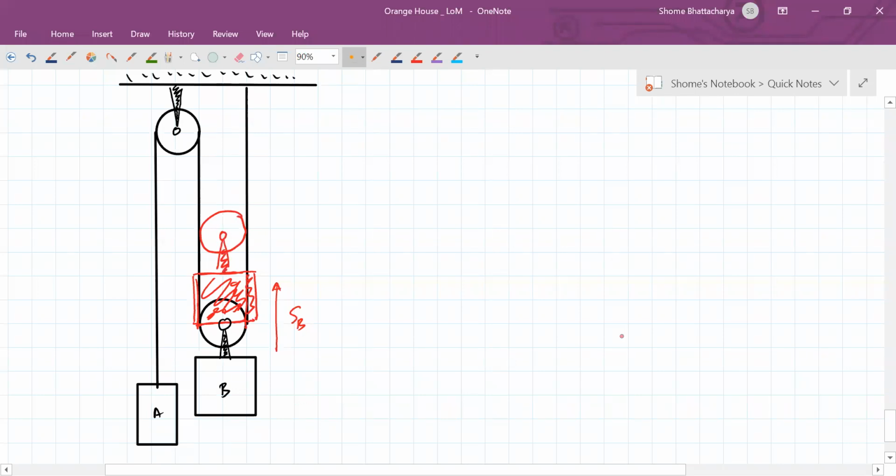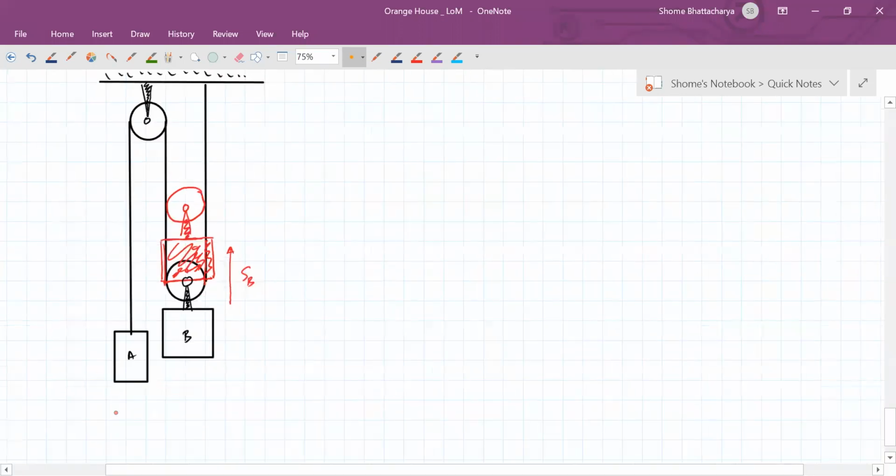B जाके ऐसा पहुंच गया, ठीक है. And during that same time, A has come down and A has reached here. So A has made a downward displacement.